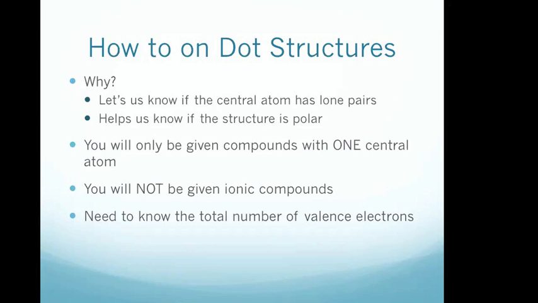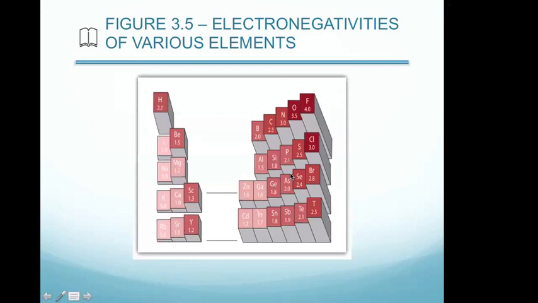And what we're going to need to do is know the total number of valence electrons for each of our atoms. The way that we count our valence electrons is by looking at the periodic table. We've got a brief version of the periodic table here. It's going to show us something else in just a minute.